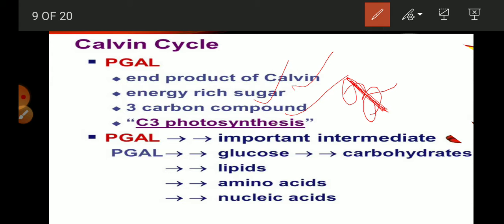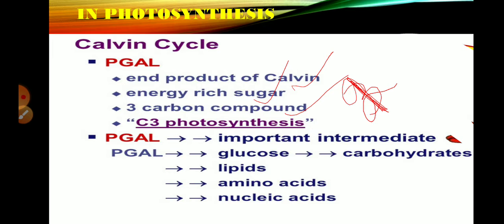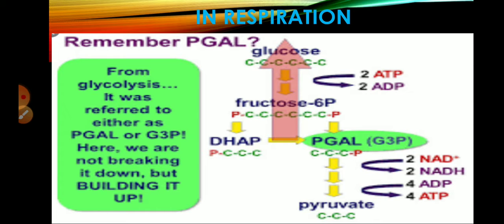So that is a very important intermediate as well, because PGAL can be changed into carbohydrates, or into lipids, amino acids, and nucleic acids as well. In respiration, it also has a very important role.